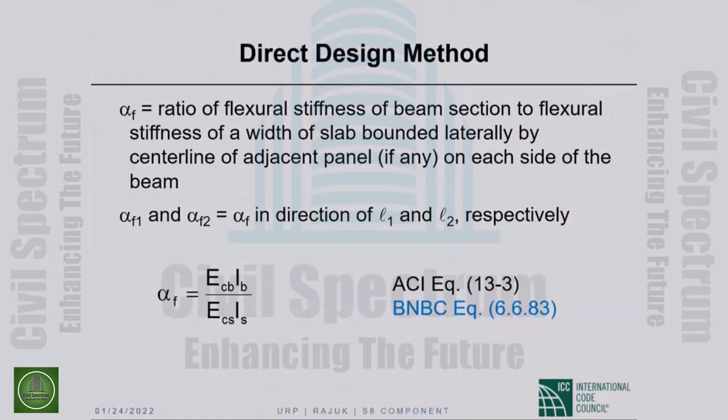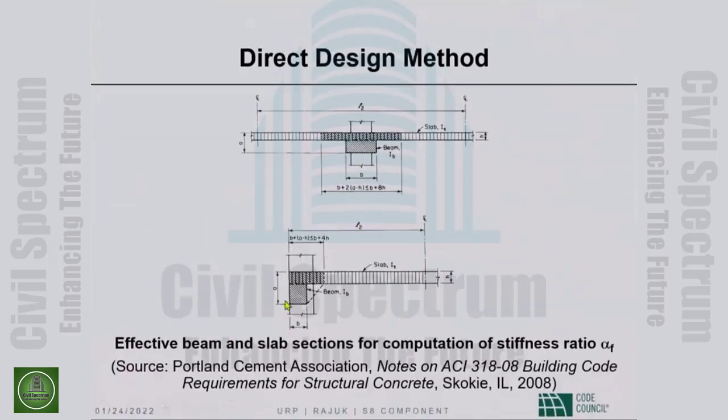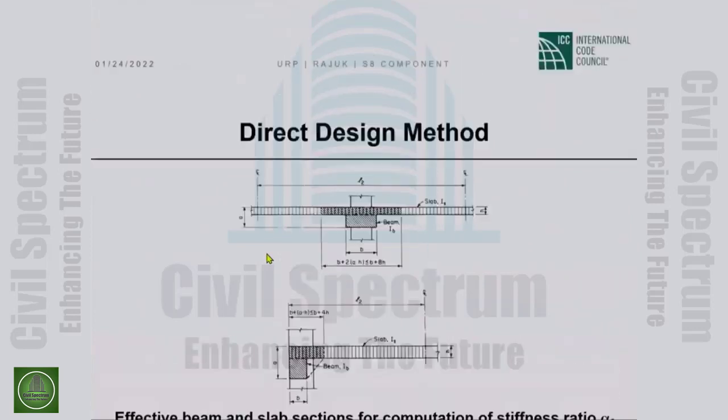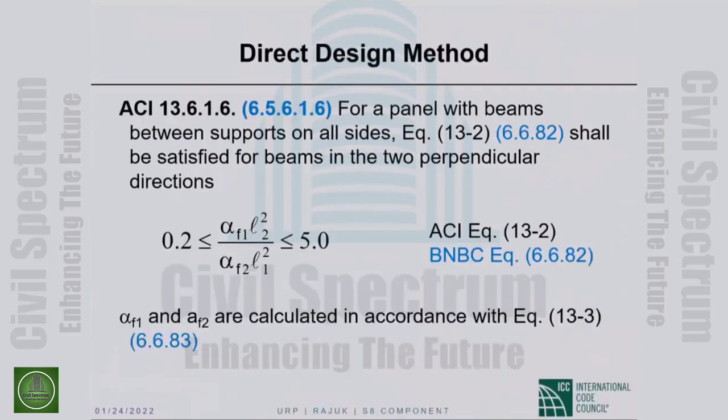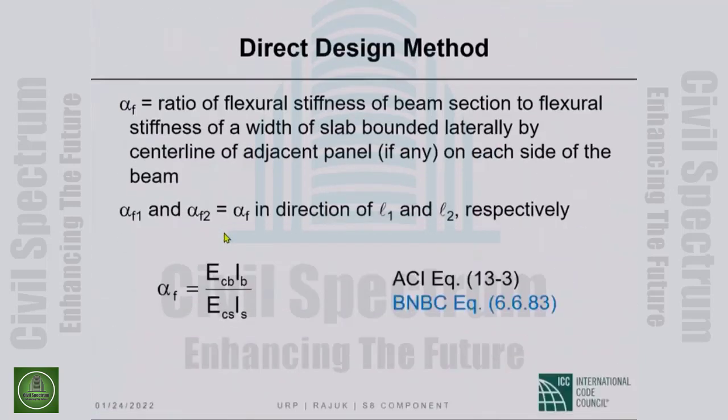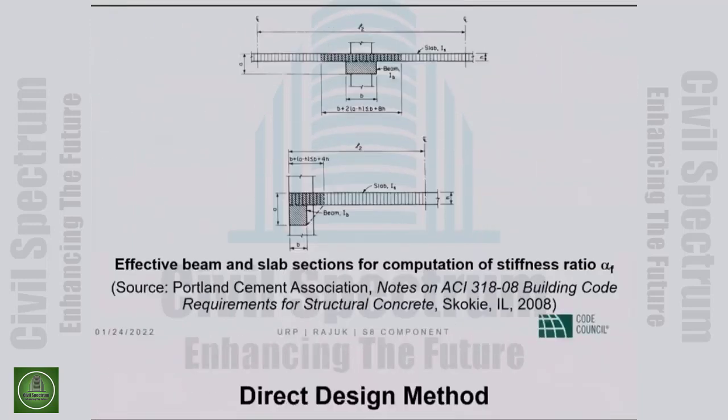Alpha sub f is the EI of the beam divided by EI of the slab, and the beam includes a part of the slab. All of that we have gone over. So this is kind of repeated. Alpha sub f was actually defined before, and we have said nothing new here.